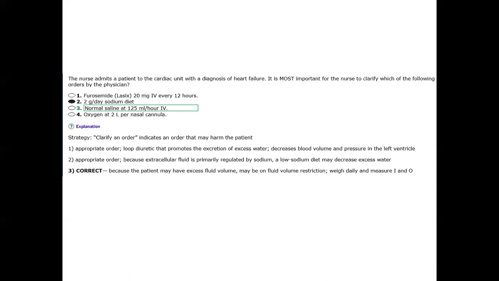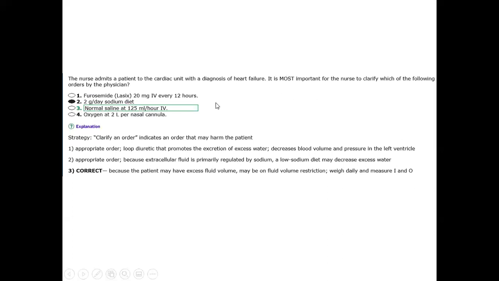Furosemide, then number 2, a 2 gram a day sodium diet. Number 3, normal saline at 125 milliliters per hour IV and oxygen 2 liters per nasal cannula. Why do we choose number 3? Why? Heart failure patient.